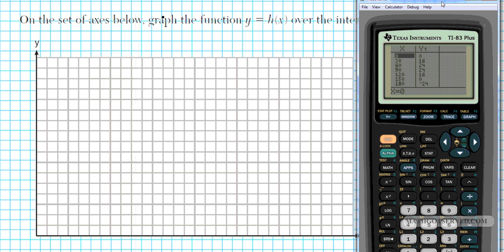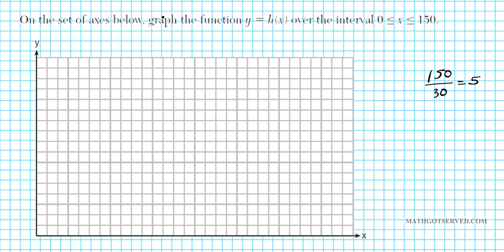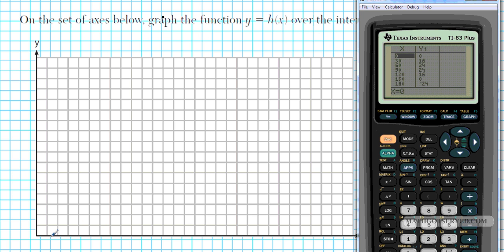Each tick mark is 5, so 6 will be equivalent to 30, since 6 times 5 is 30. Okay, so this is 1, 2, 3, 4, 5, 6. That's 30. And then we have 1, 2, 3, 4, 5, 6.